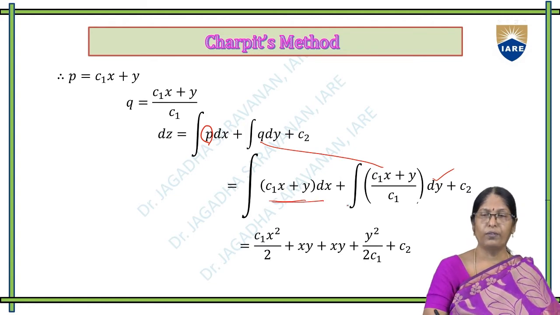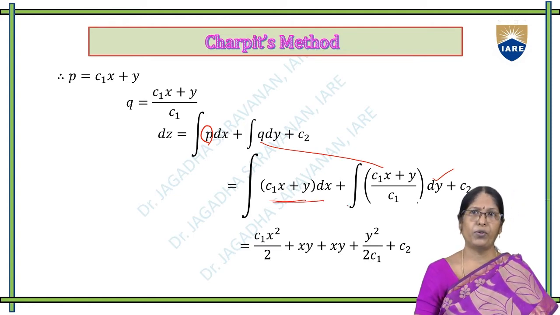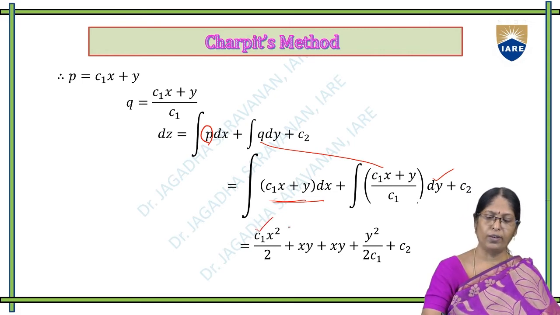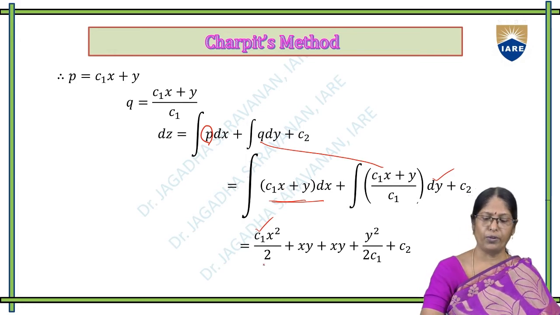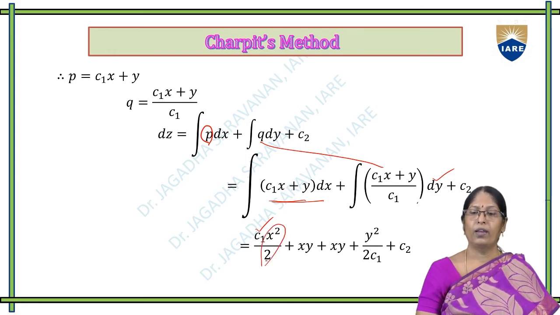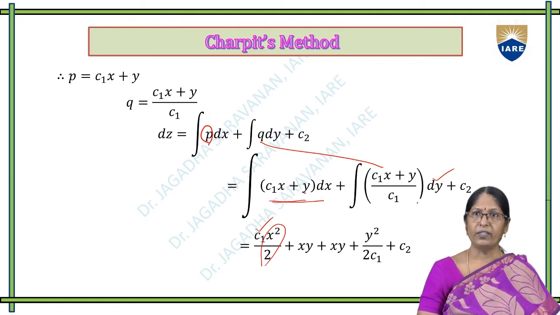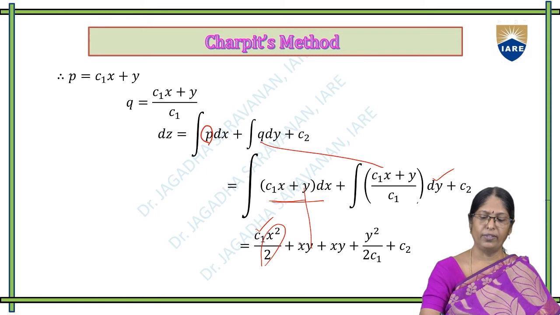Now this one we have to integrate with respect to x. That is, for c1x the integration is x square by 2, and y is written as it is, and the integral of dx is x.